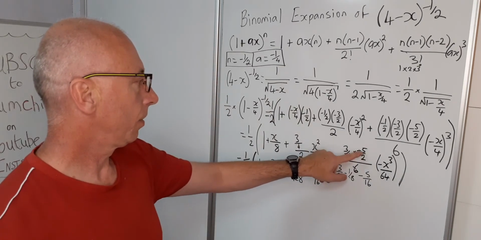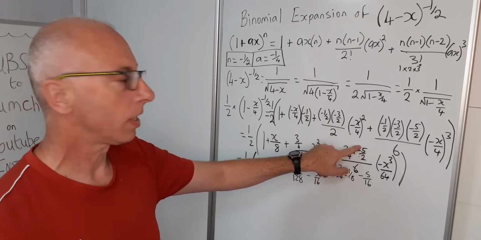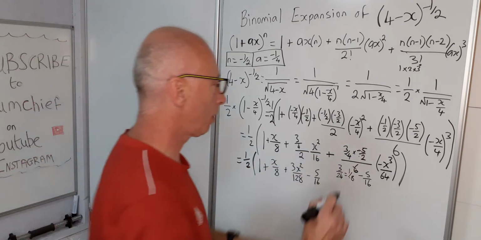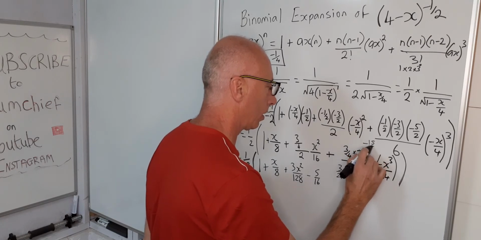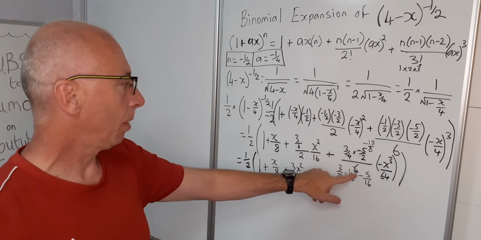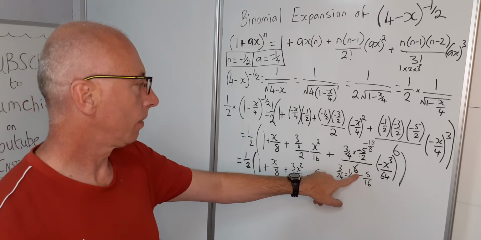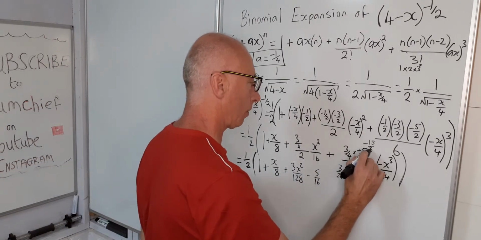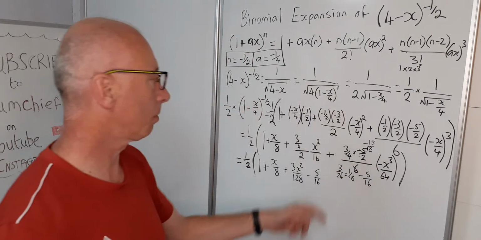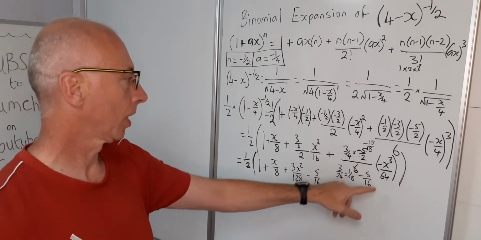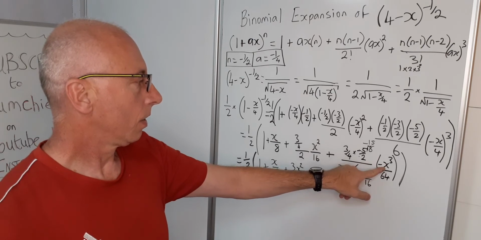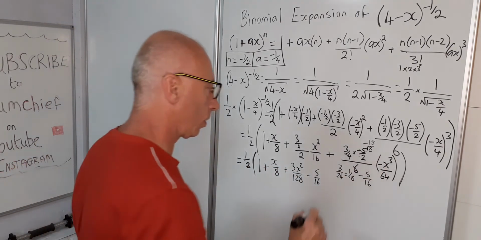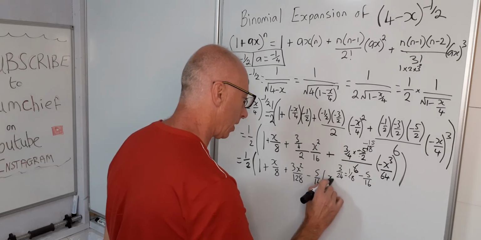Just check that the other way around. So 3 times minus 5 is minus 15 over 4 times 2 is 8. That's minus 15/8. And then minus 15/8 divided by 6 is minus 15/48, which is minus 5/16. So I'm happy with that. So minus 5x cubed over 64. So let's just multiply that in there.